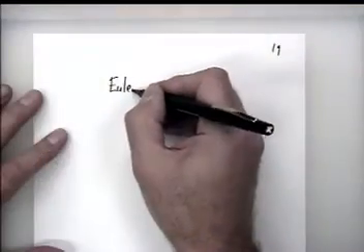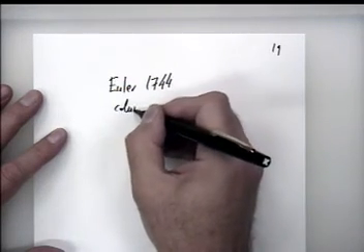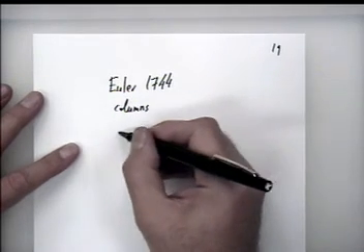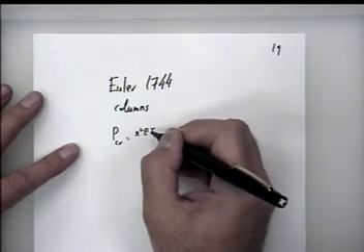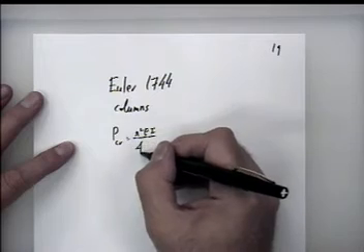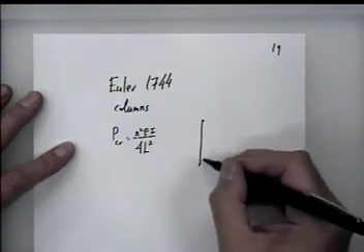Euler, in 1744, dealt with columns. And he derived his famous formula, P critical equals pi square EI over, actually, he wrote 4L square, but the length is 2L.